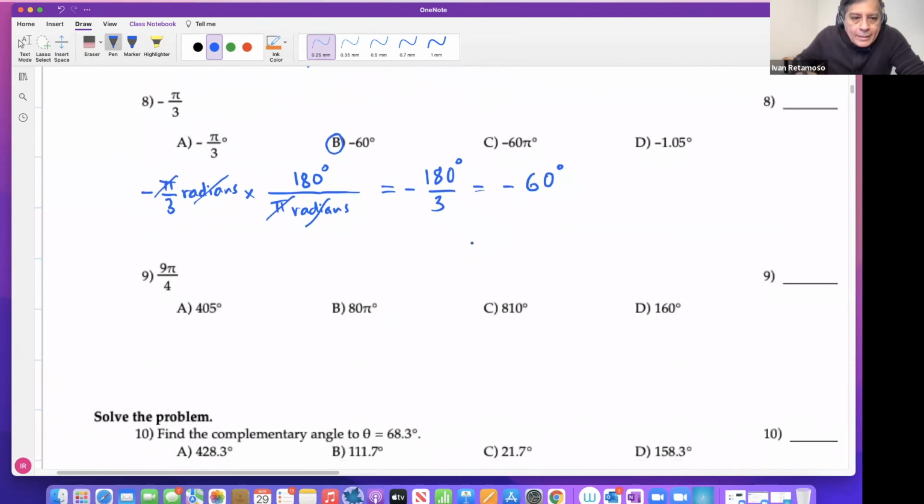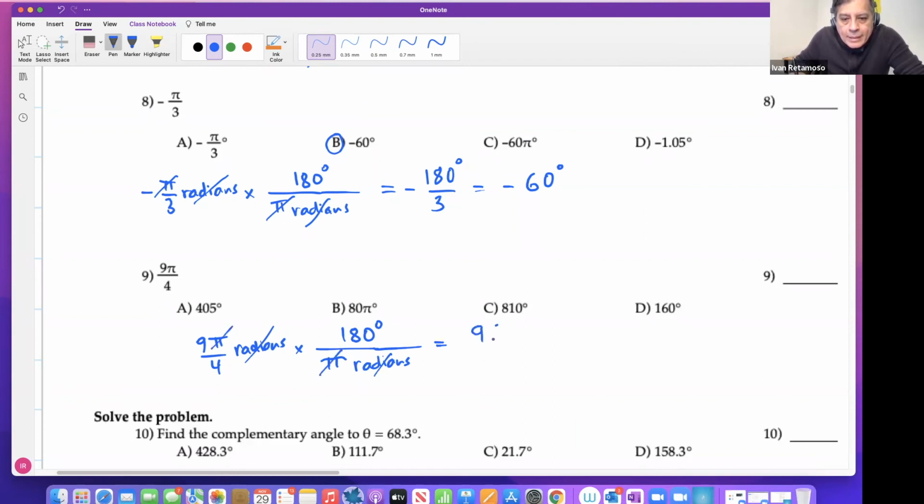Another one here, 9 pi over 4. 9 pi over 4 radians converted to degrees. Well, multiply by your conversion factor, pi radians on the bottom, 180 degrees on the top. Radians cancel with radians, pi cancels with pi.